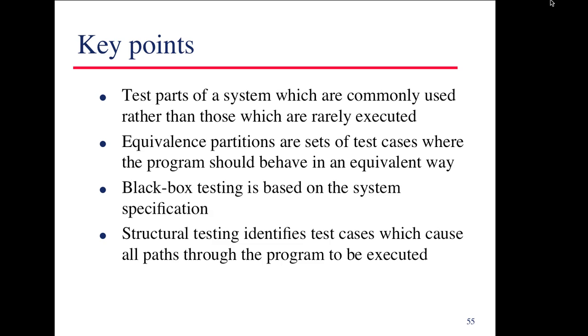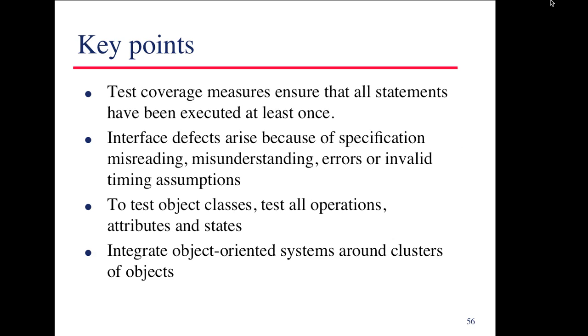It's interesting how Microsoft went on, because they were the first one to do it, came out with the grayed-out function. If the function doesn't make sense, don't allow the user to do it. Then it cuts down on the number of errors and the number of defensive programming techniques you have to use. Test object classes, test all the operations, attributes, and states, and then test around clusters of objects that might have similar functionality.